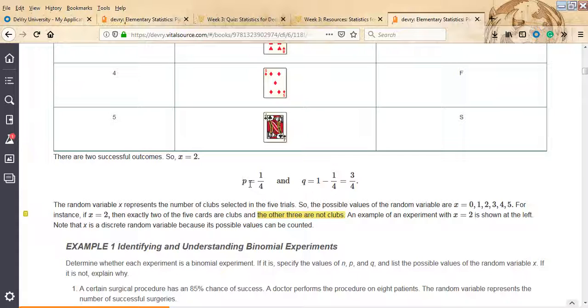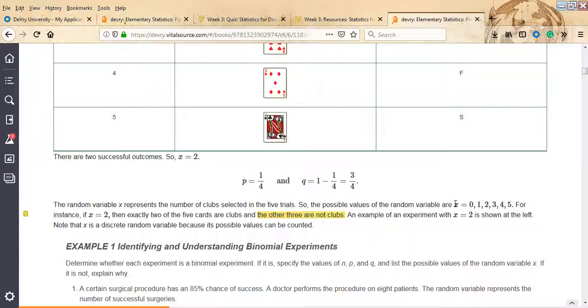So here they're just showing you that the probability that we know of drawing a club is 1 in 4, and the probability of a failure is Q. It's the reciprocal of 1 in 4, so it's 3 in 4. And so the random variable x represents the number of clubs in the 5 trials.